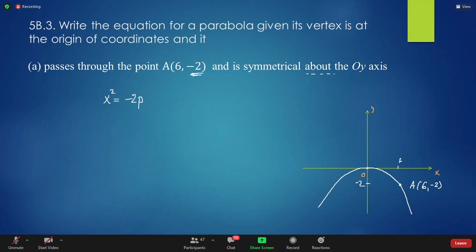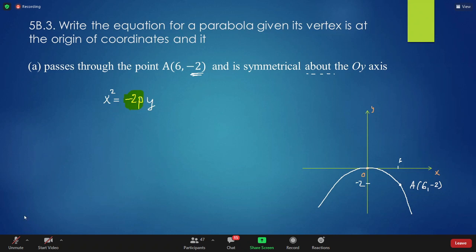We don't need to know p itself. We need to find the equation, which means for the sake of writing down the equation, we only need to find this constant. After that, we will be able to find the focus and the directrix line. It's not required at this moment.